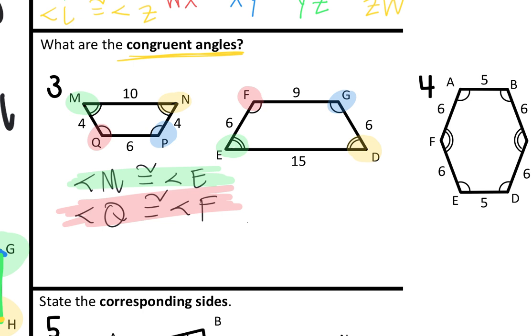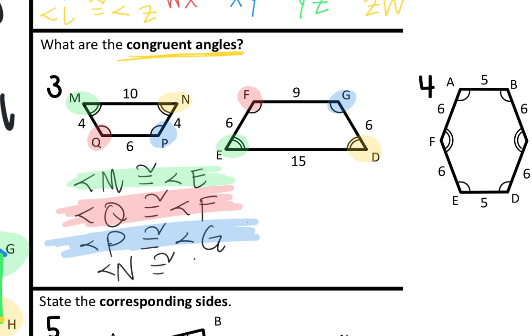Okay, and I said that angle P is congruent to angle G, right? That's what we said. I'm just writing down what we just figured out, which is in blue. And then last one, the yellow ones. Angle N is congruent to angle D. Right there.